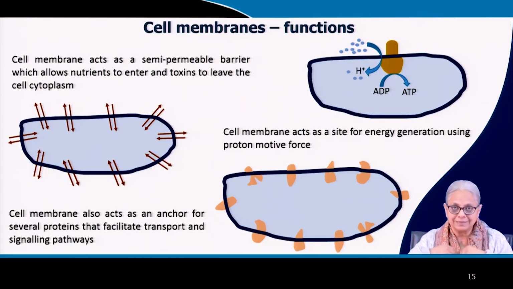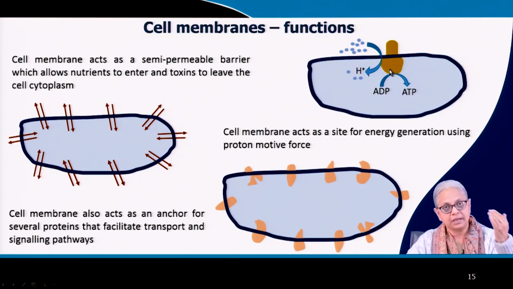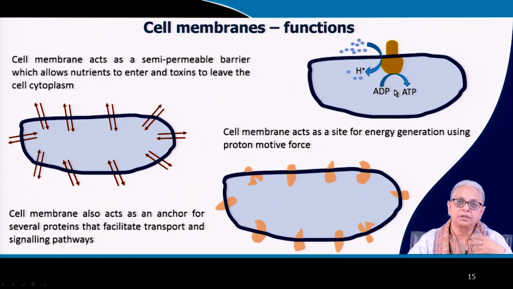The protons inside the cytoplasm are pumped out of the plasma membrane, so they go into the periplasmic space maybe, and here you get a higher concentration of protons, and utilizing this proton motive force, that energy is used to create ATP. Like I said, we will cover that in the next lectures.